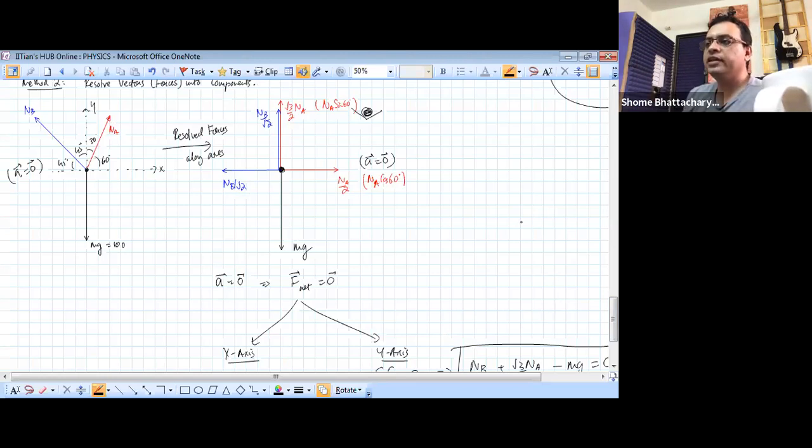You're getting my point now? See, if I wrote it as a vector, I would have written it as -Nb/√2 i cap. But I'm just writing it as a magnitude over there. So the mod of this is Nb/√2. The direction is shown by the arrow.